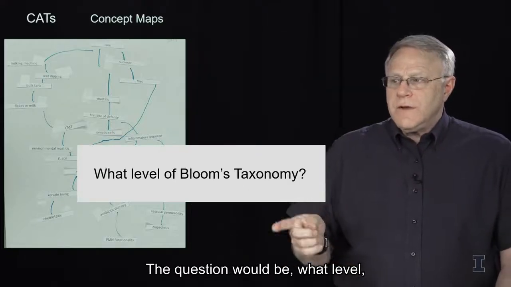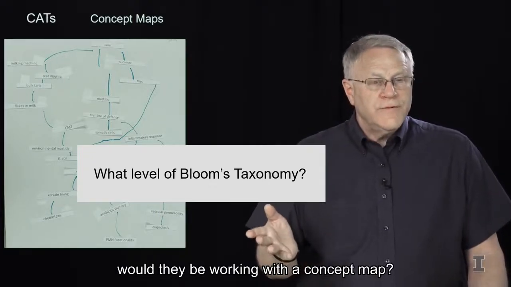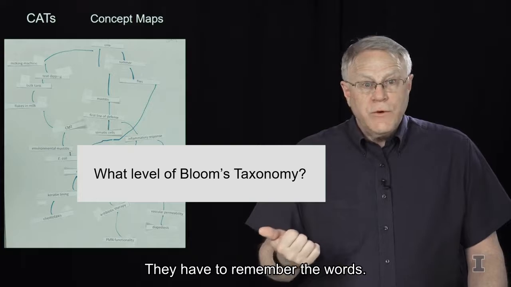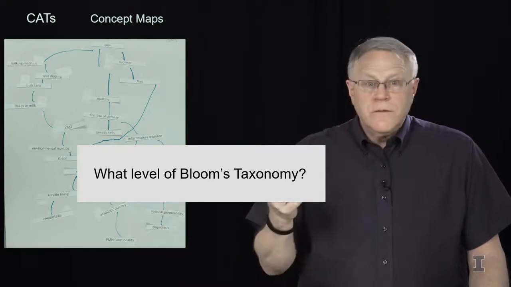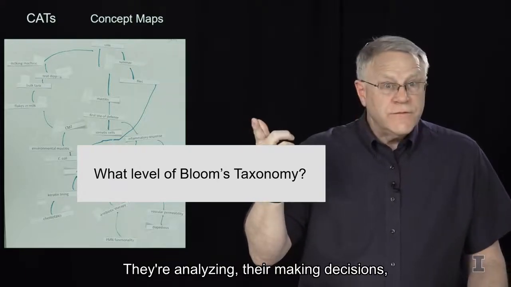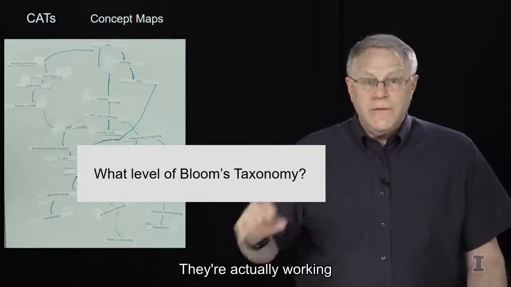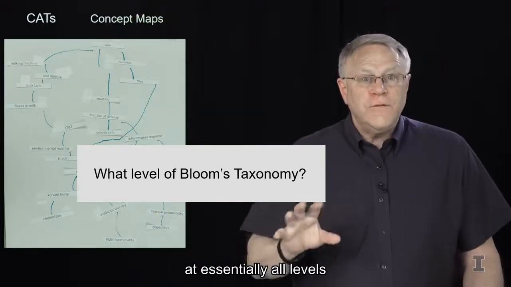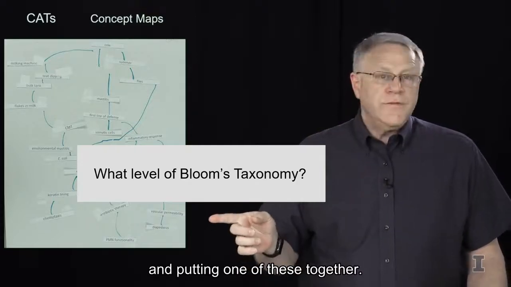The question would be, at what level of Bloom's taxonomy would they be working with a concept map? They have to remember the words. They have to understand the words. They're analyzing. They're making decisions, evaluating where to put the words, and they're creating a concept map. They're actually working at essentially all levels of Bloom's taxonomy at one time and putting one of these together.